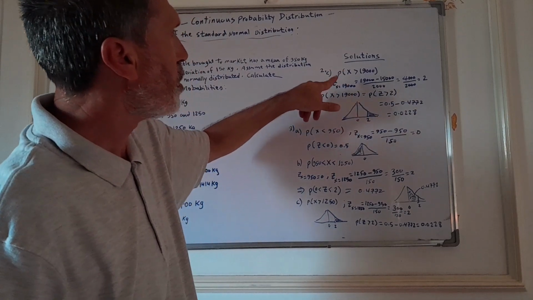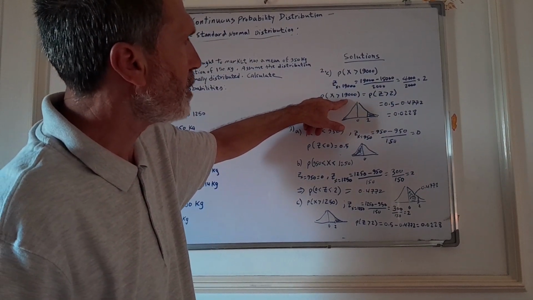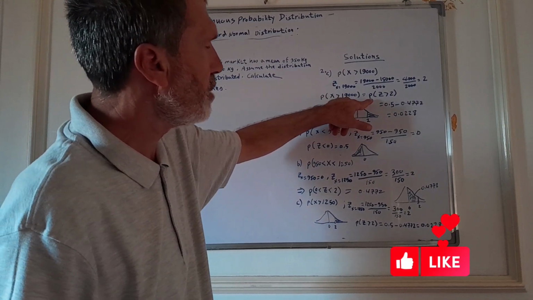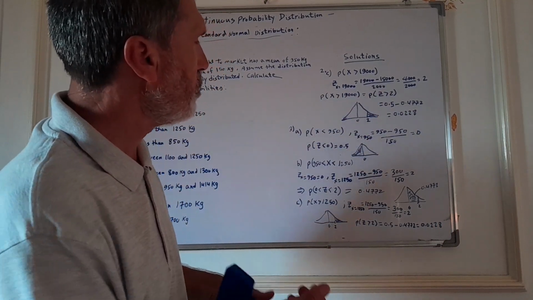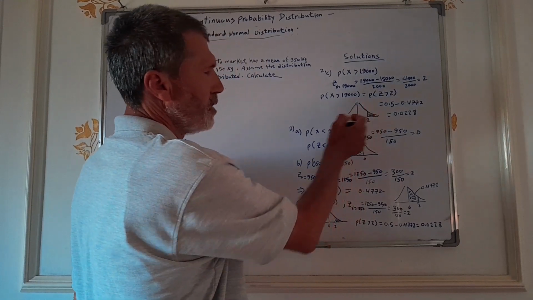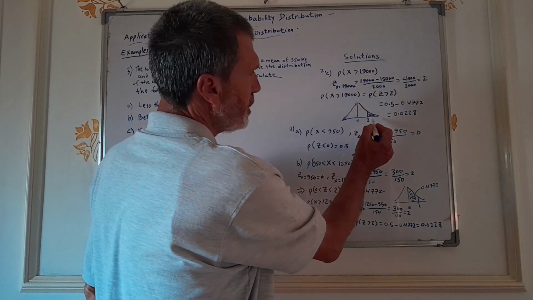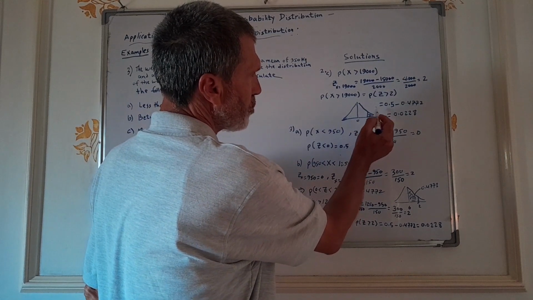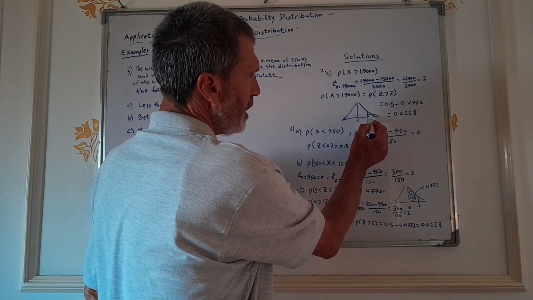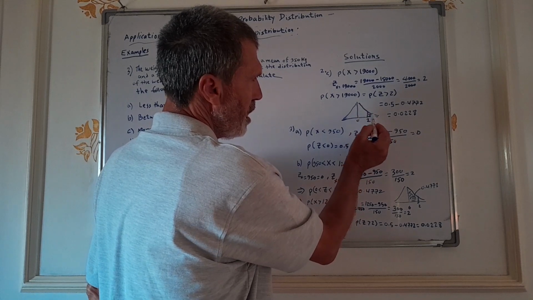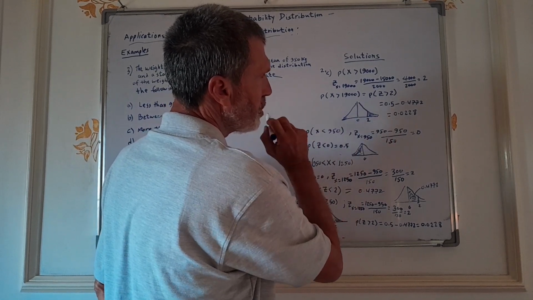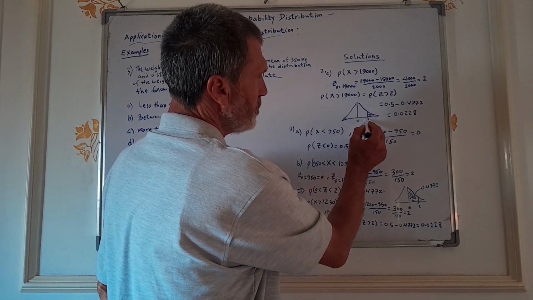So the probability of x greater than 19,000 is equivalent to the probability of z greater than 2. If we draw the graph of the standard normal, we need this area here. The whole right half is 0.5, minus the probability of z equal 2.